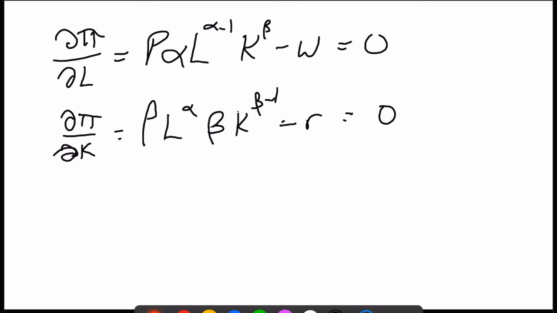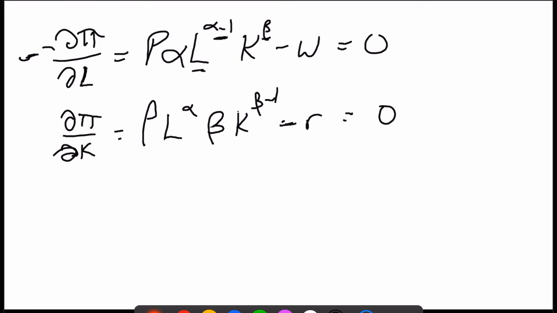Now we could go through and create a Hessian and do all that stuff, but we're not going to. What this tells us is that the more labor I have, the less value there is in adding labor to increase my profits, and the more relative value there is in adding capital.